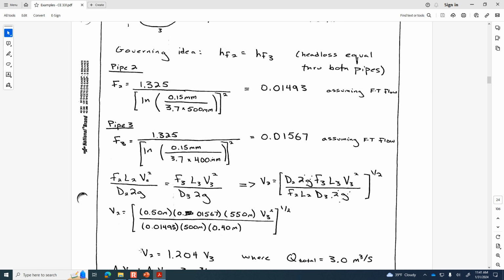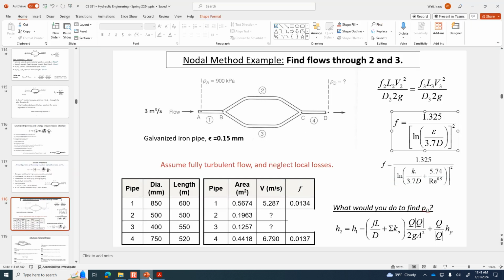V3. All right, we know that, and we also know that Q, let's go back to the diagram here. We know Q1 is 3 cubic meters per second. And that is equal to Q2 plus Q3.